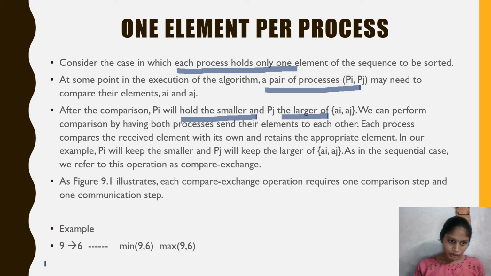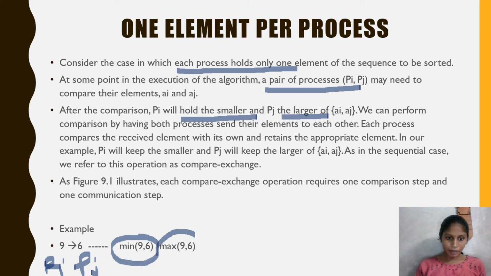Here, 9 is the element of Pi and 6 is the element of Pj. After comparison, Pi will take the minimum of 9, 6 and Pj will take the maximum of 9, 6. The minimum of 9, 6 is 6 and the maximum is 9, and the sorted order is 6, 9.